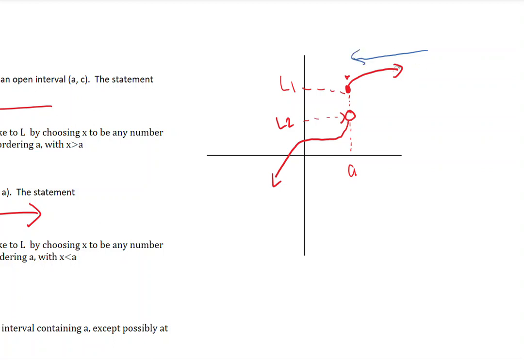The graph starts over here, so I'm following this graph along this way, and as it approaches the number, that y value is at a different height than if I were to come down here and approach it from the left. If I approach it from the left, it only has a height, or a y value, of L2. Again, when I come in from the right, it has a different y value, which is L1.